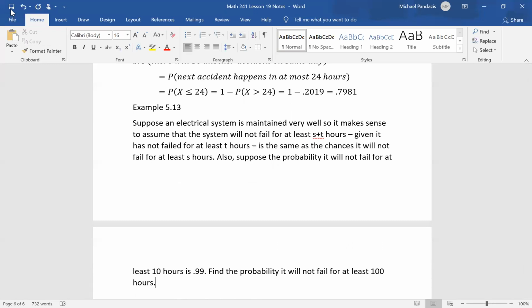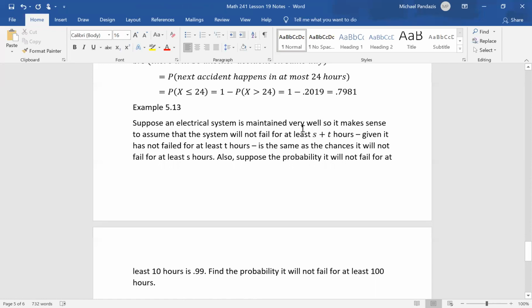Okay, so I'll read this again. This is weird. Suppose that an electrical system is maintained very well. So it makes sense to assume that the system will not fail for at least S plus T hours, given it has not failed for at least T hours, is the same as the chances it will not fail for at least S hours.